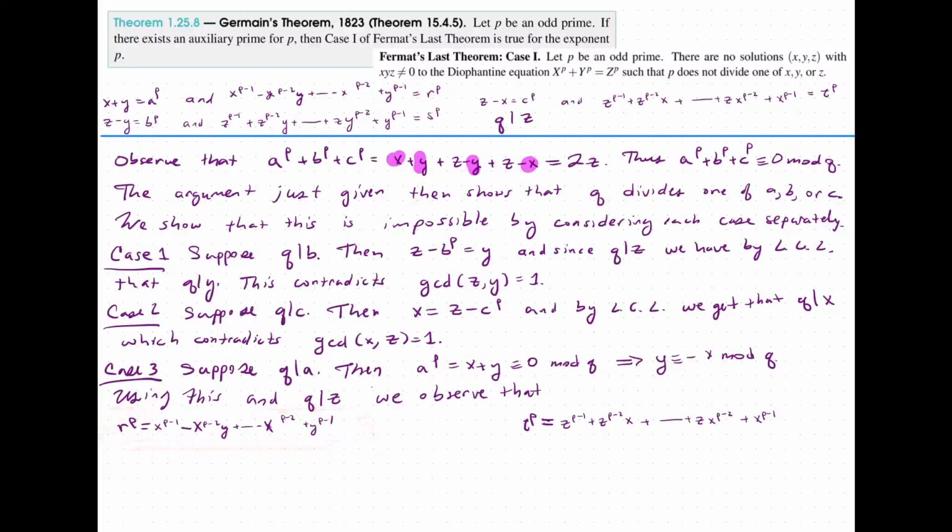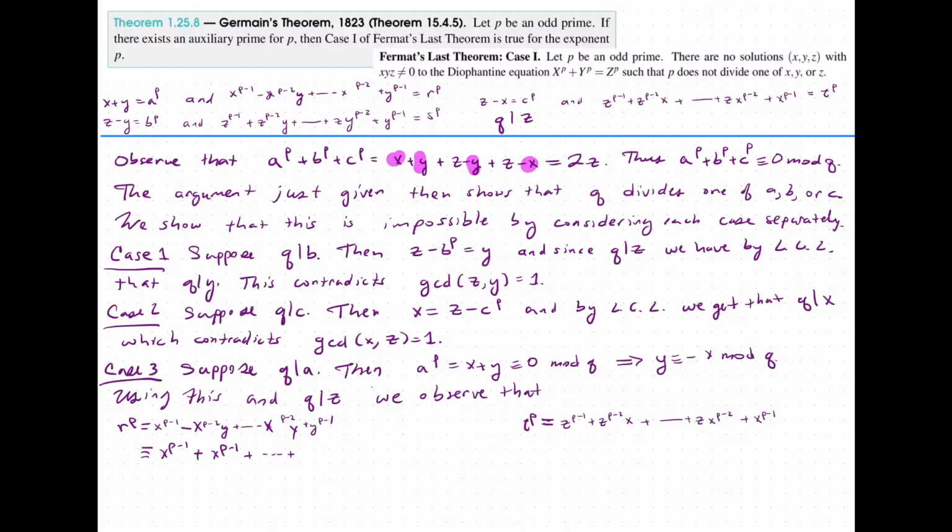We're going to use the fact that y is congruent to negative x mod q, and so we're going to reduce modulo q. We're going to have x to the p minus 1 minus x to the p minus 2 times y, which is now negative x, which gives us x to the p minus 1. Then we're going to continue on in that manner. And just as before, we're going to have, oops, there's a y missing over here.